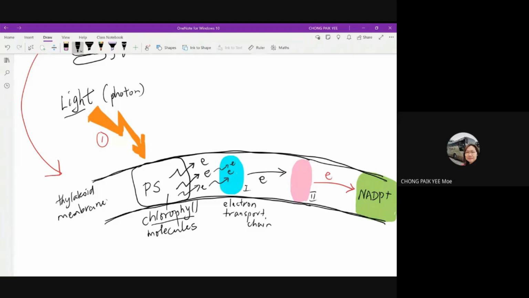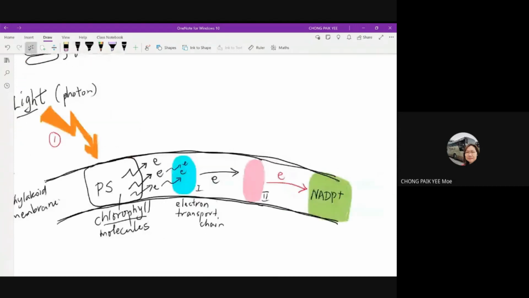The energy from the electron is used to generate energy in the form of ATP. So when the electron is carried from one transport molecule to another electron carrier, ATP will be generated. So ATP will be made, and you're going to get an ATP molecule here.